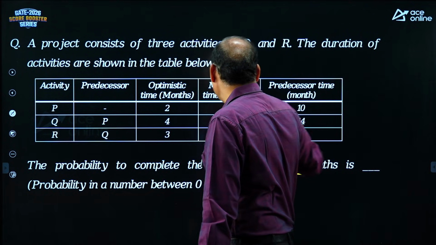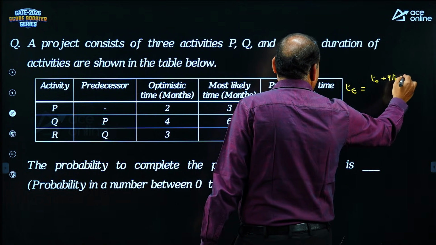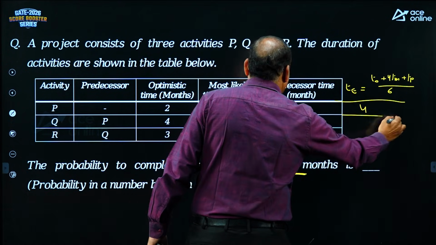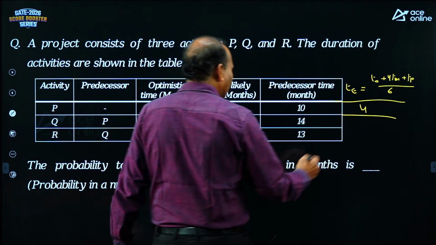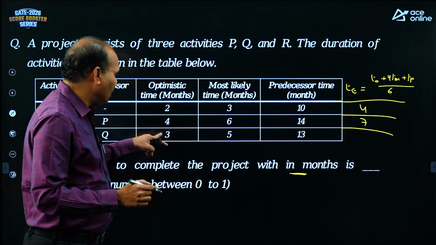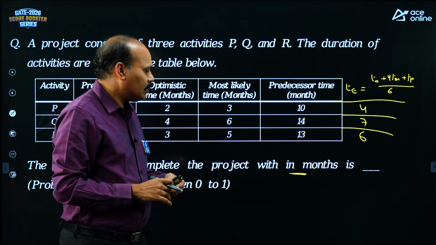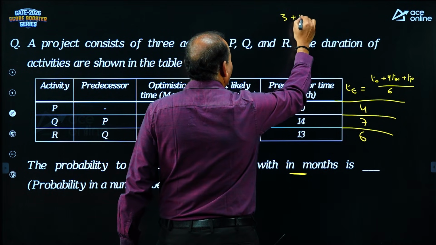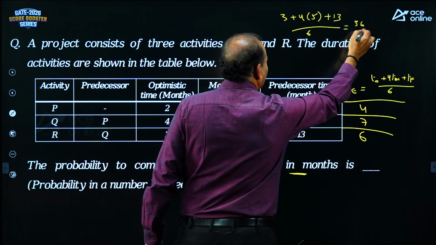So first of all, take the TE value. TE is equal to T naught plus 4Tm plus Tp by 6. 2, 3, 10, we are going to get 4 using the formula. 4, 6, 14, in the previous case how much you got? 4, 6, 14, 7. 3, 5, 13, 4 5s are 20, 23, 6 you are going to get. 23 plus 3, 36, 40, right? 36 by 6.